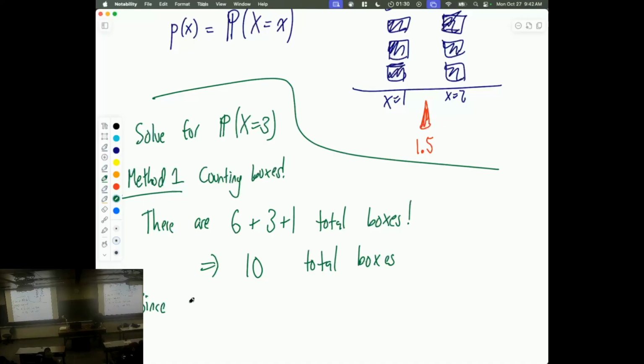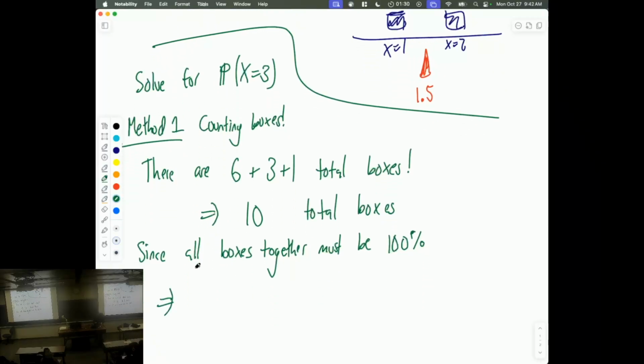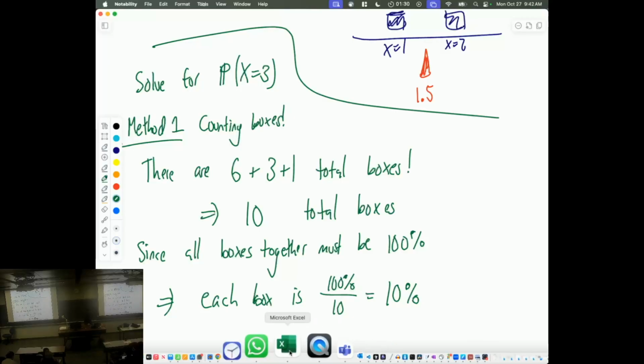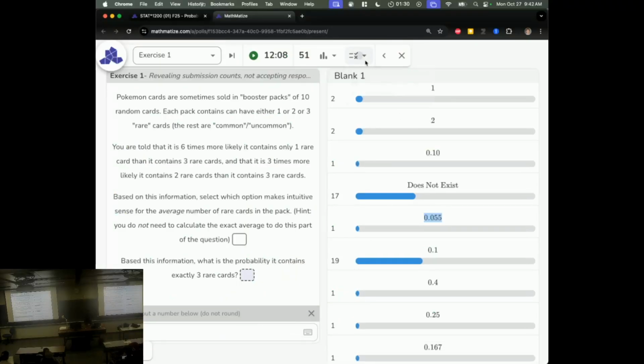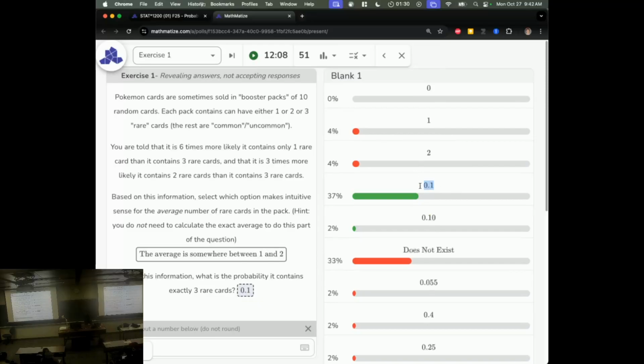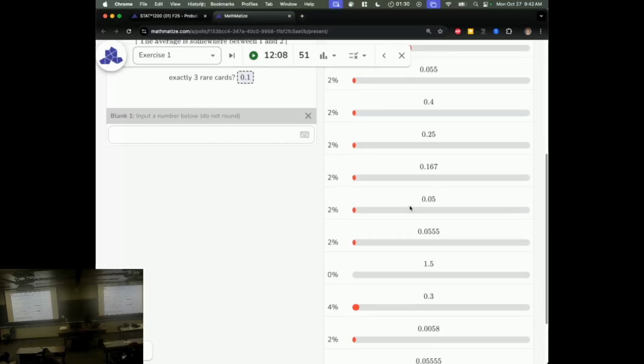Since all boxes together must be 100%, each box is 100% divided by 10, which is 10%. And that's 0.1. So that 0.1 is the right answer, which I think was the most common answer over here. So very nicely done if you put 0.1.